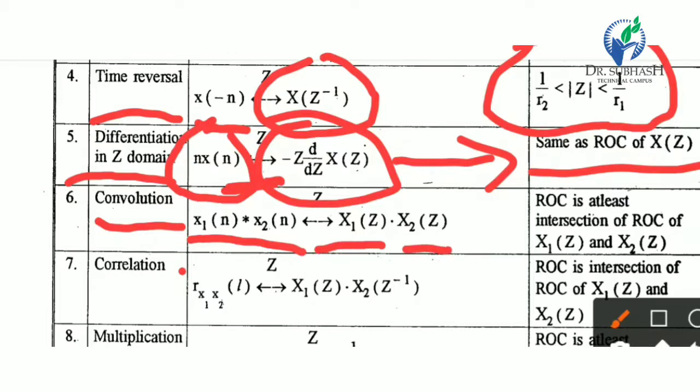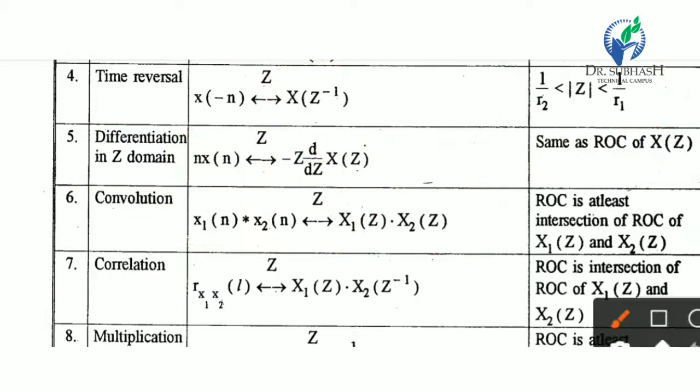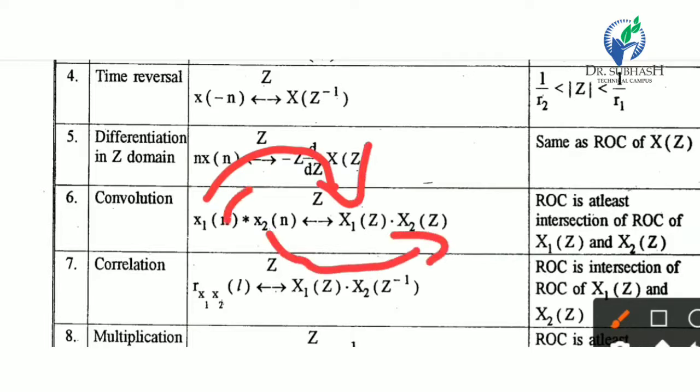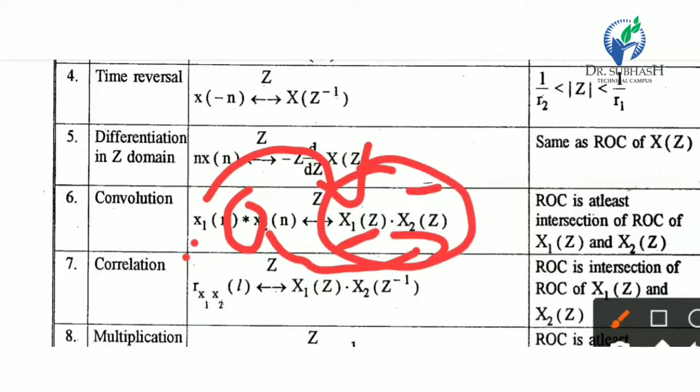It means the Z transform of x1 of n is X1(z) and of x2 of n is X2(z). Whenever there is a convolution in the time domain, in the z domain we just have to multiply.